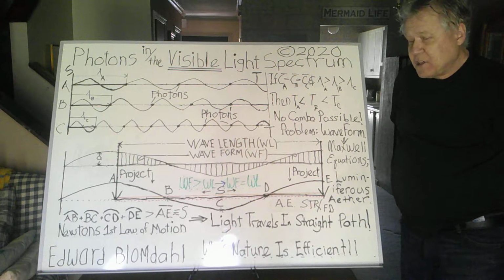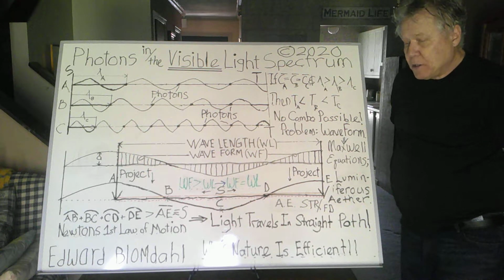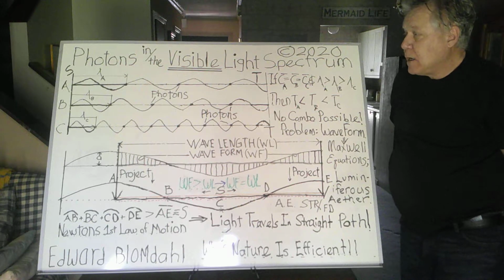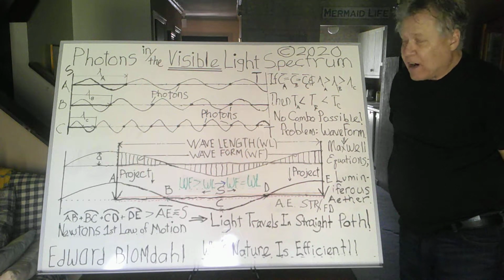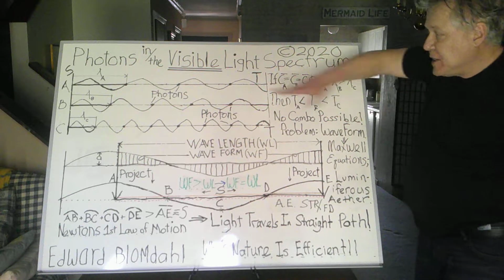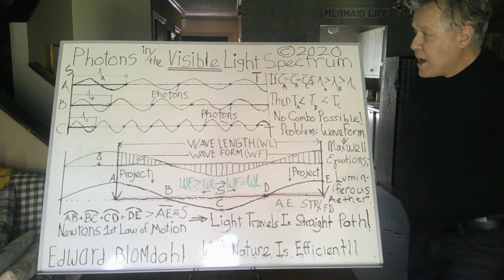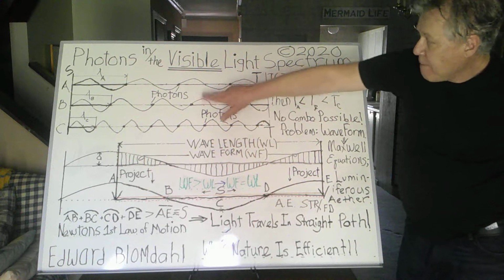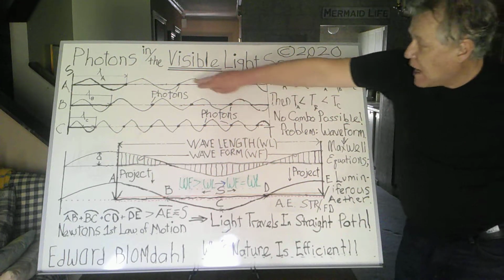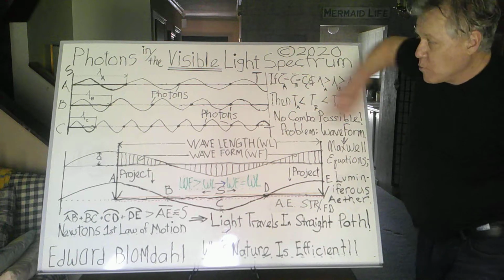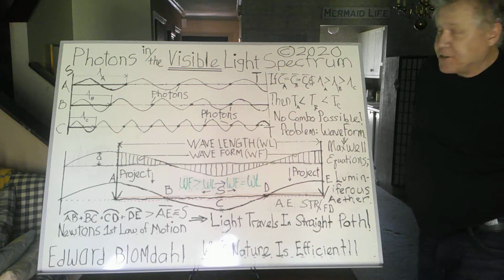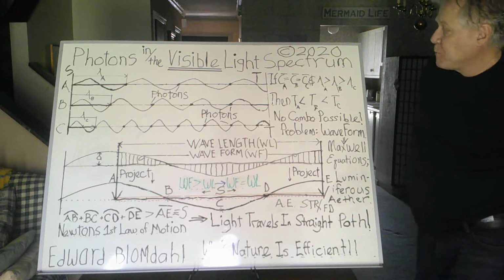We know that in the visible spectrum, red has fewer waves per unit, and of course violet has the most. You can see it represented here in different wavelengths over to the left, A, B, and C. The photons are simply these little black dots that you see throughout the three A, B, and C lines of light.